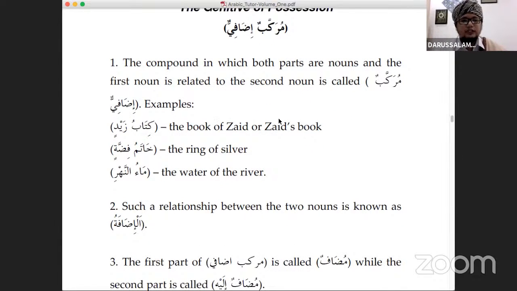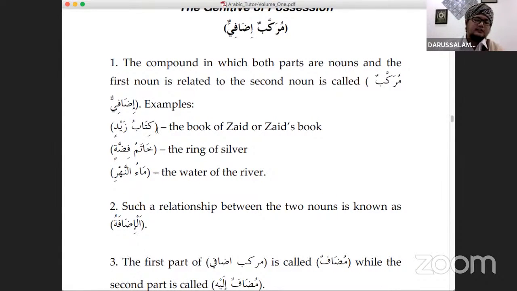For example, Kitabu Zaidin. Kitab is the first part, the mudaf, and Zaid is the second part, the mudafun ilayh. Kitabu Zaidin, khatamu fiddatin, ma'un nahri. All of these are called murakkab idafi.